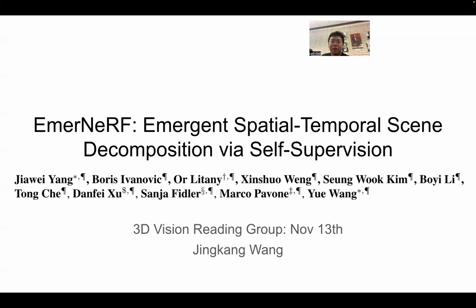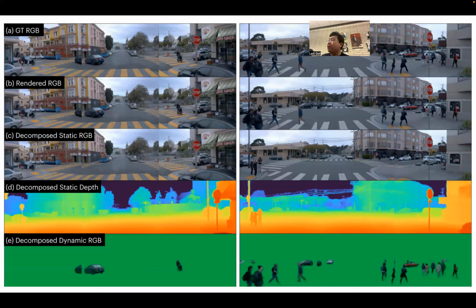So the scenes are emergent, and it decomposes the scenes into 4D, not just 3D, but also in a temporally consistent way. Basically the input is RGB videos from multiple cameras and also LiDAR point cloud information, and they can decompose the RGB information.